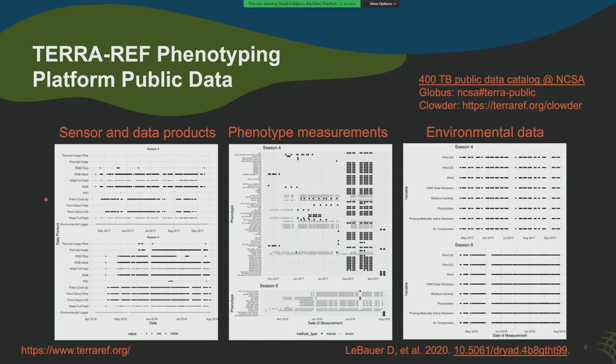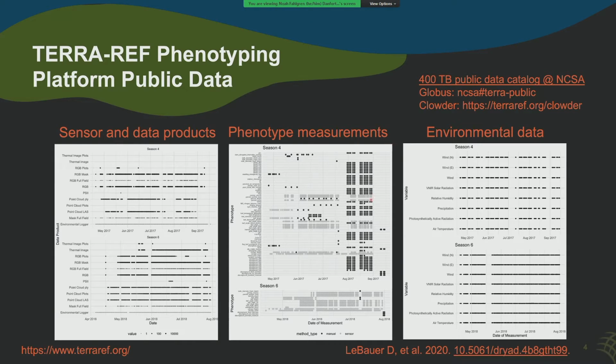And this includes sensor and data products. So these would be things like the raw image data, and then derived data products such as segmentation masks of plots, full field orthomosaics, and other derived things. And then we also have a large data set of phenotype measurements.